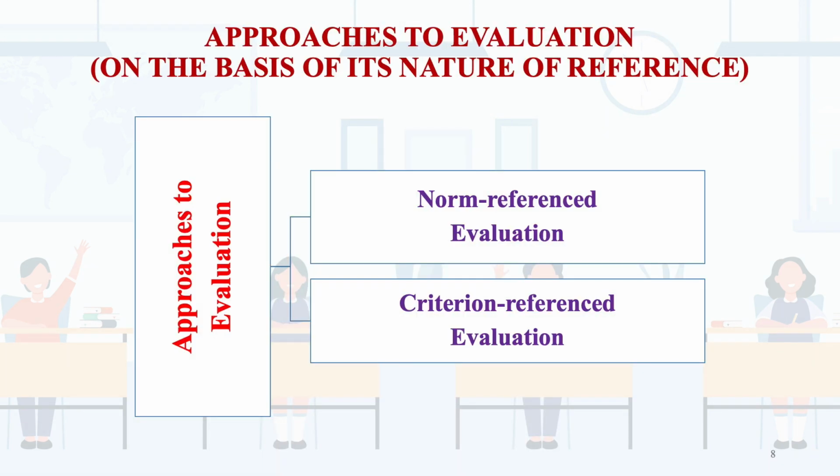That classification is as per the functions of evaluation, but the norm referenced and criterion referenced approaches to evaluation, this classification is based on the nature of reference. So as per the nature of reference, there are two types of evaluation, that is norm referenced and criterion referenced evaluation.